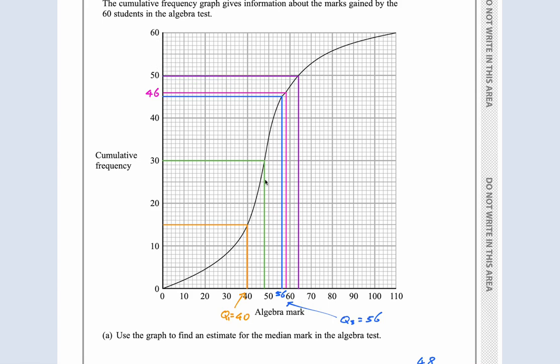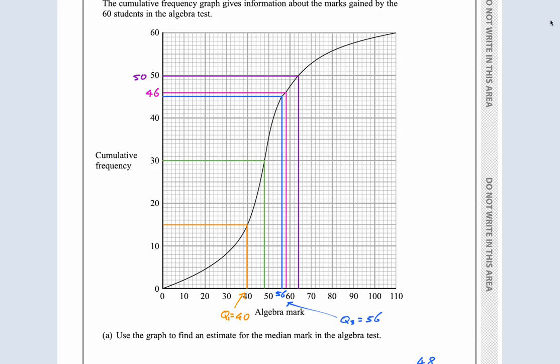So this is 50. So how many students scored more than 64? Well, if this is 50, then more than 64 is 10. Approximately 10 students scored more than this.